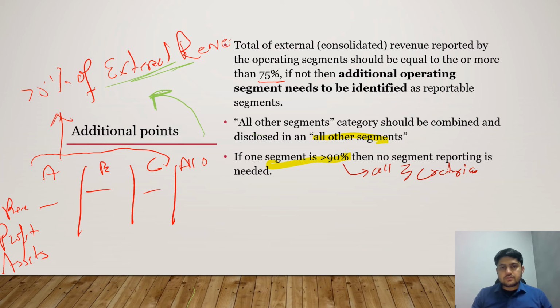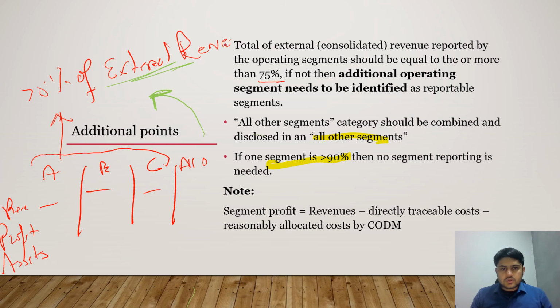Why? Because if only a single segment is considering 90% or more of all three criteria, then no individual segment will cover more than 10%, right? So in that case, we do not have to do the segment reporting.